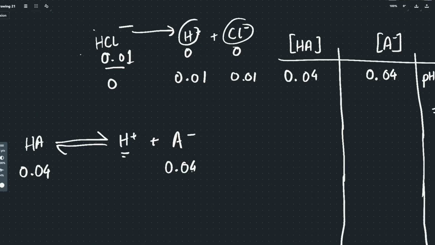What this one will do is pick up this proton, the external proton. And how much is the amount? 0.01. So it will react with this much proton and be converted into this. So all of this proton will be converted.